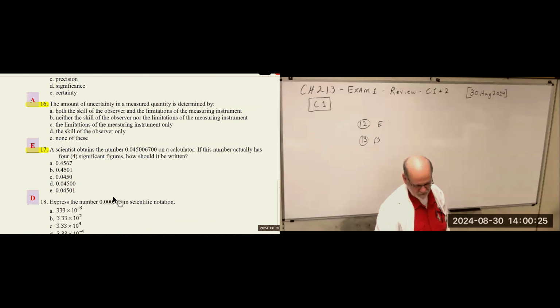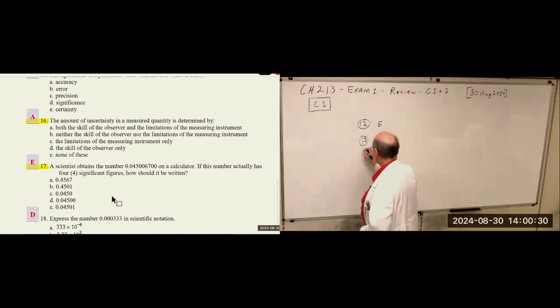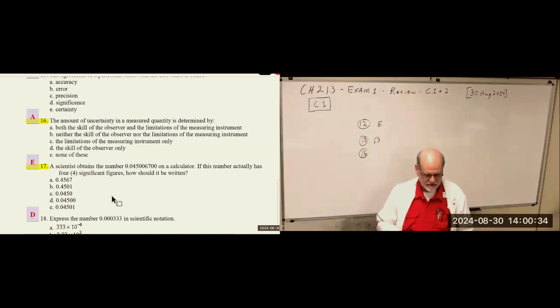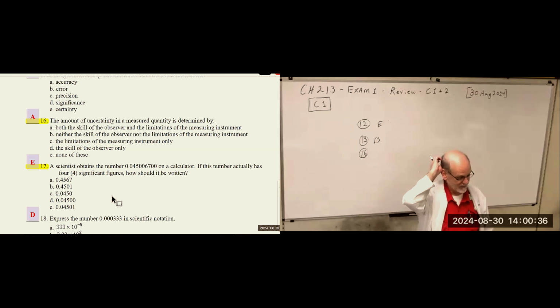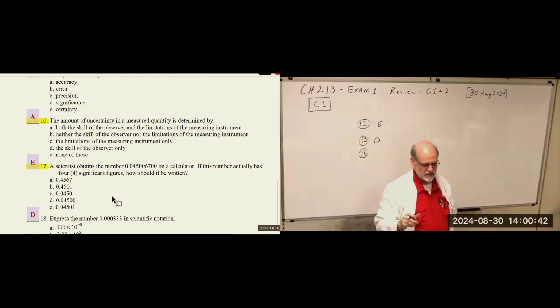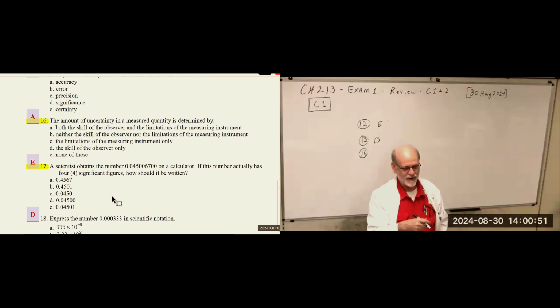Let's see, we'll skip a few. There's lots of repetition in here. 16. The amount of uncertainty in a measured quantity is determined by. All right. We didn't go into a lot of detail about this one in the lecture. When you're making a measurement, it's like, what's your name again? Ethan. It's like Ethan said, it could be a user error.